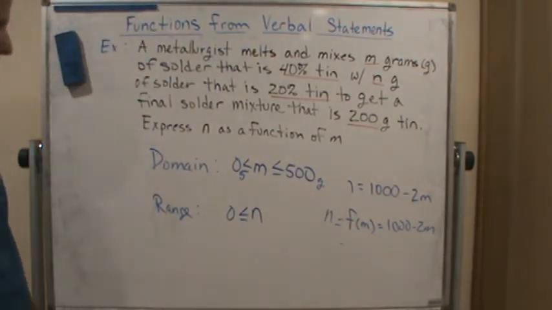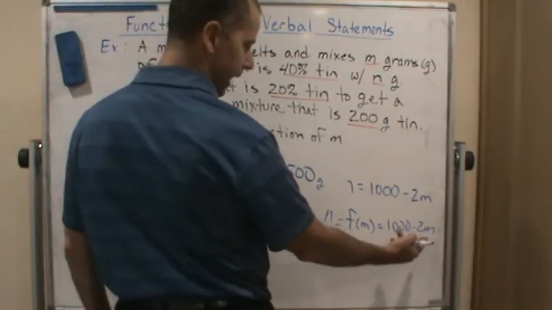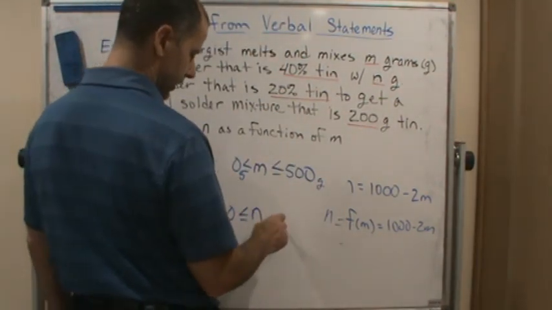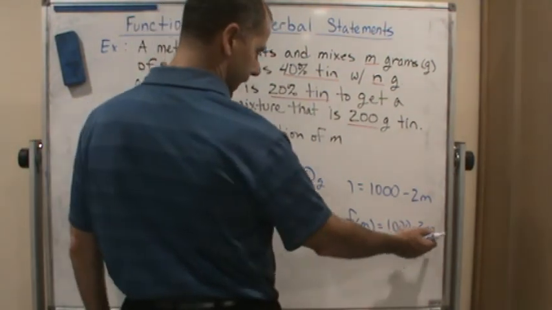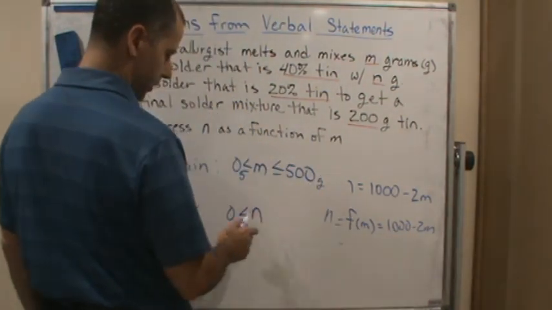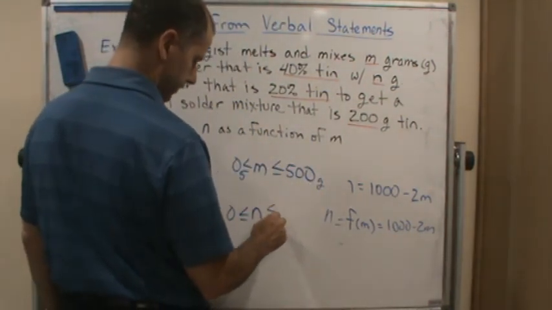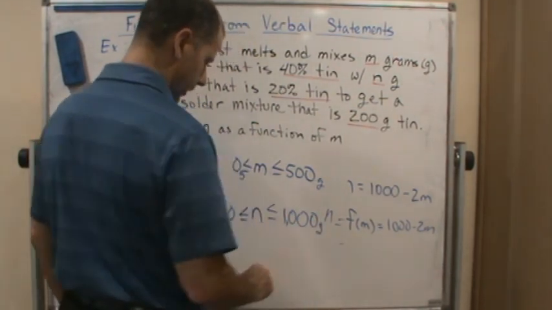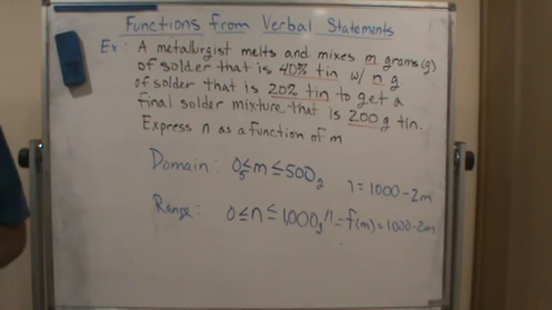Can't be negative. But what happens when m is 0? When m is 0, n is 1,000. When m is 500, n is 0. So guess what? There's your range. Okay, have a great day.